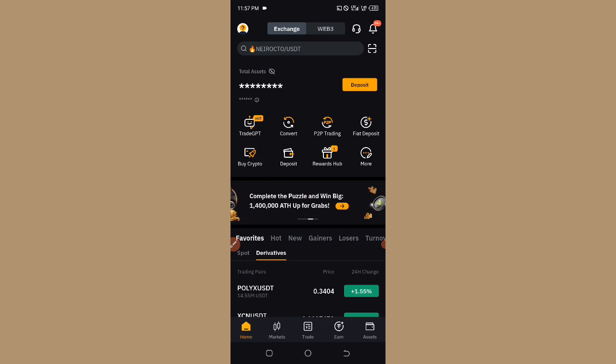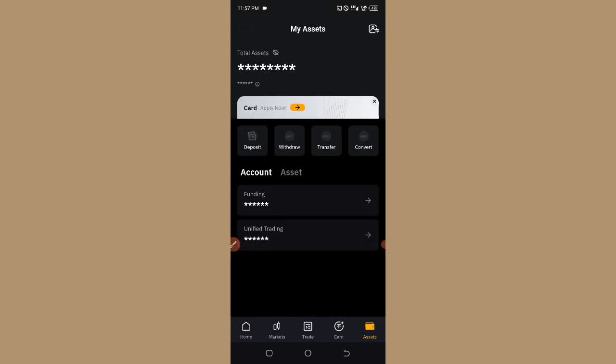Or when you come here, click on this asset. When you click on it, you can see assets down here, and you will see your money in this funding wallet.